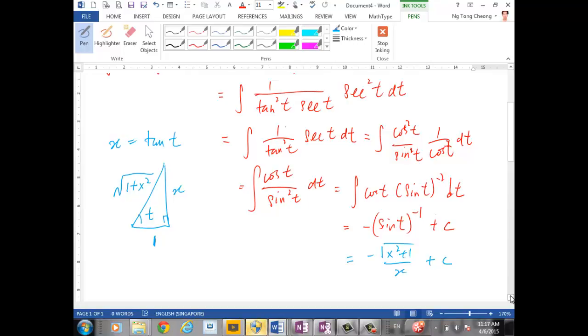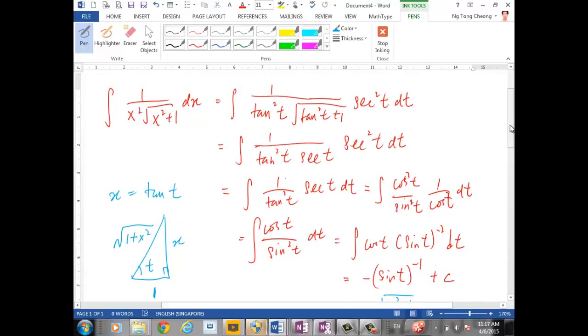Okay, so just a quick summary. What are the techniques applied here? Alright, so first of all, you notice that you need to differentiate, rewrite your dx in terms of dt, and then replace all the x terms in terms of your t terms. Then of course, you should try to see how you can further simplify the expression that you have over here right now.